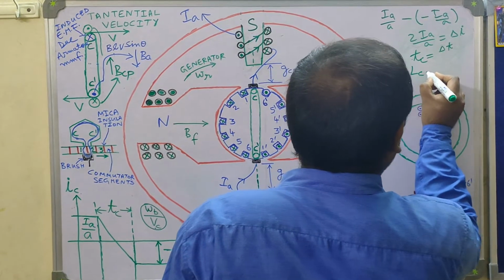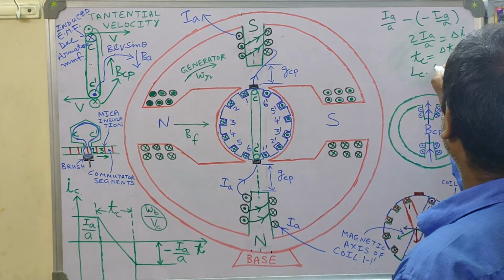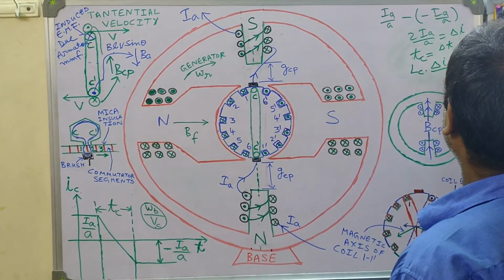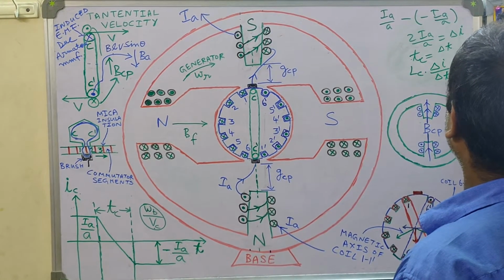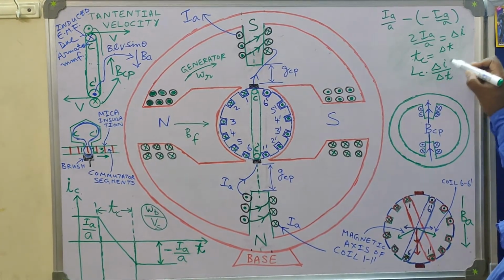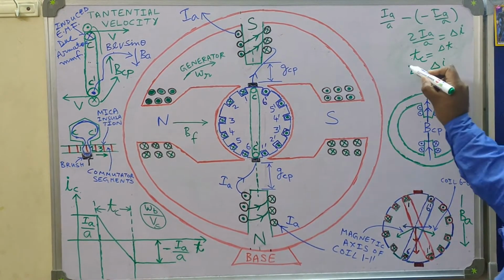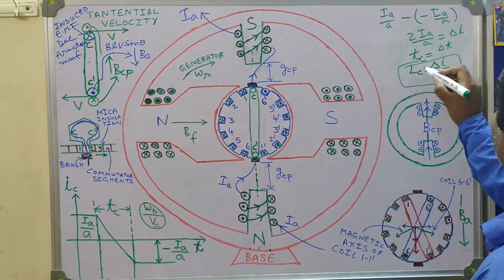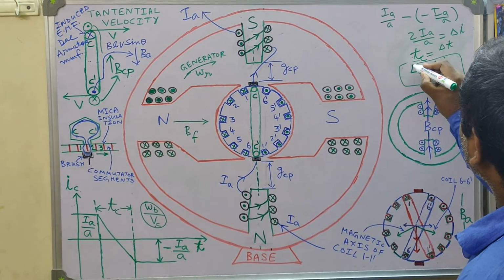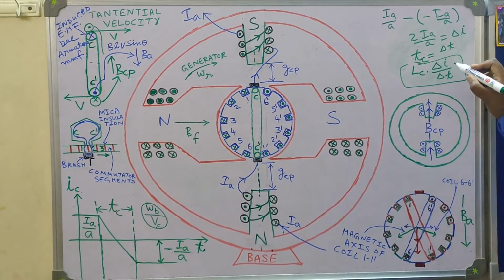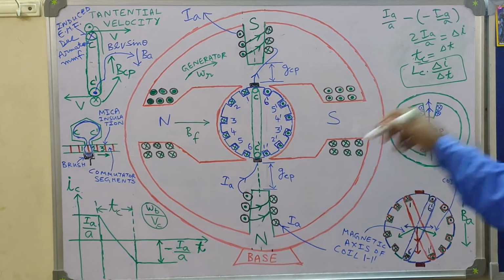EMF induced will be given by L di dt. Di dt is replaced by delta I by delta T. Obviously delta I is 2 IA by A, delta T is TC, and this is LC. So this much induced EMF you can expect in the commutated coil CC dash.